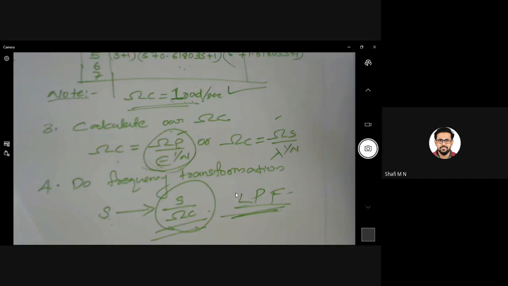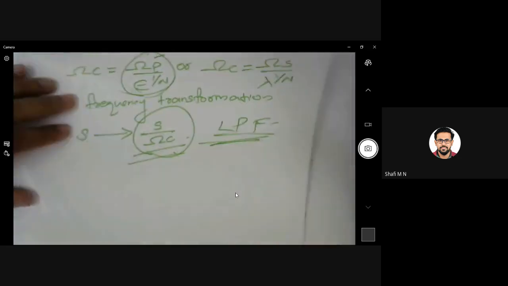So write the first question. For the given specification, determine the order of IIR Butterworth filter. Alpha P is 1 dB.